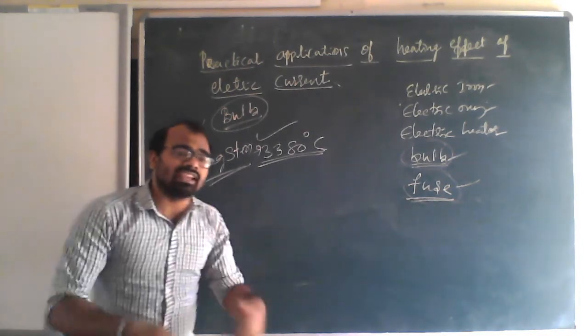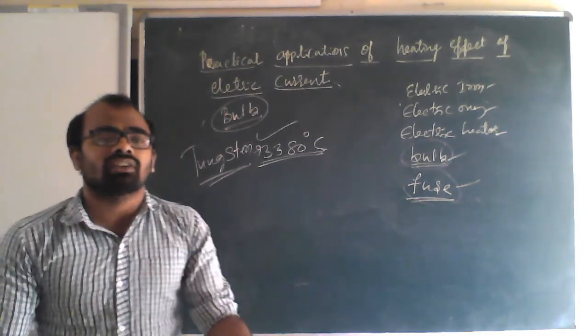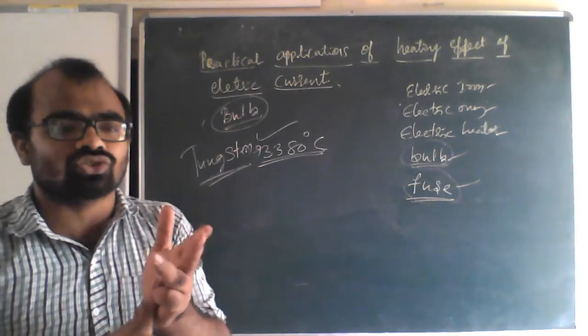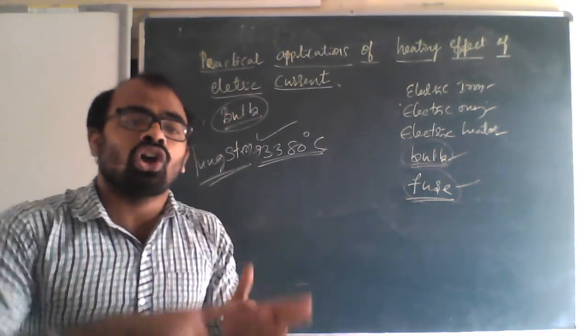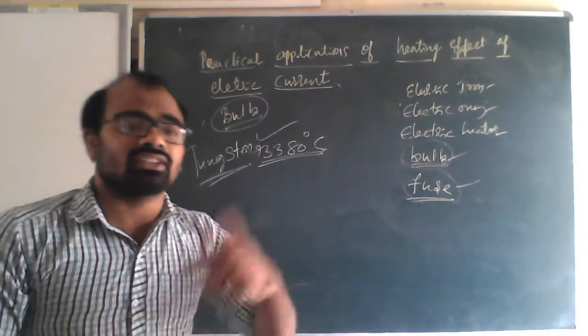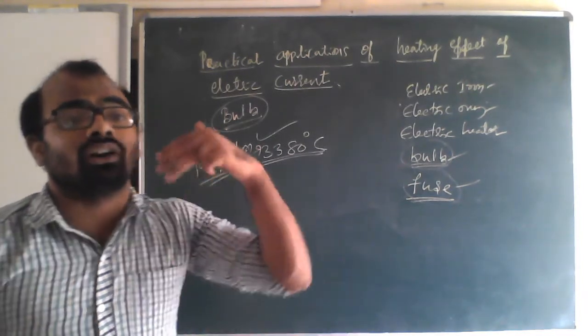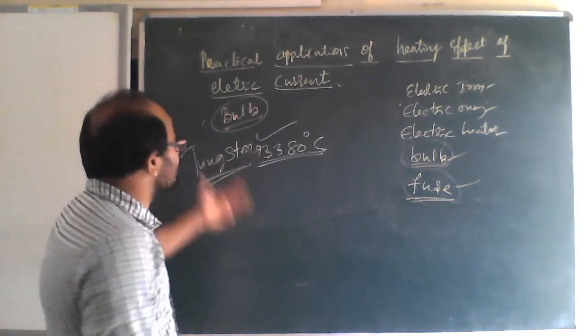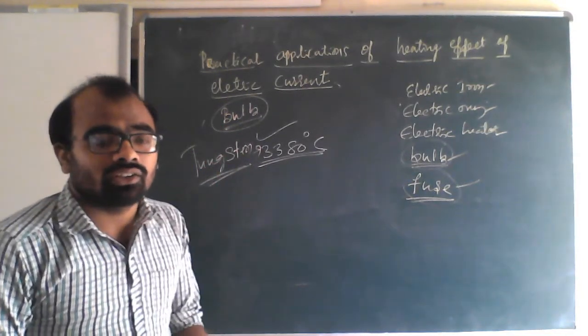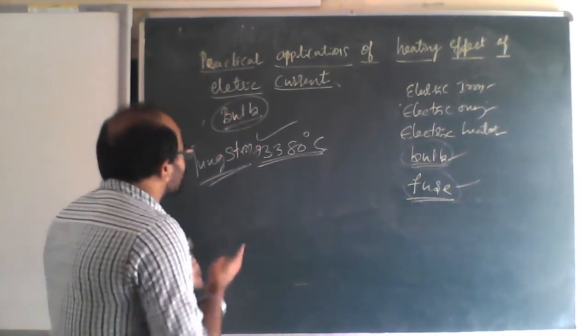As the heat increases, what happens? Tungsten also has high resistance. High resistance means a lot of heat is produced. As the resistance increases, heat energy increases. Resistance increases means heat energy increases, means what? A lot of heat is produced.